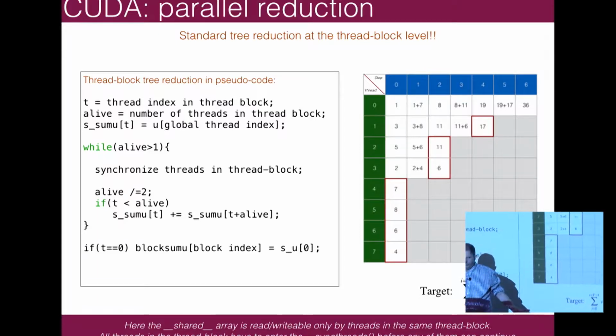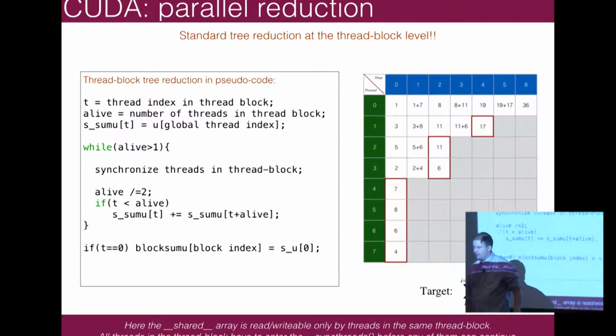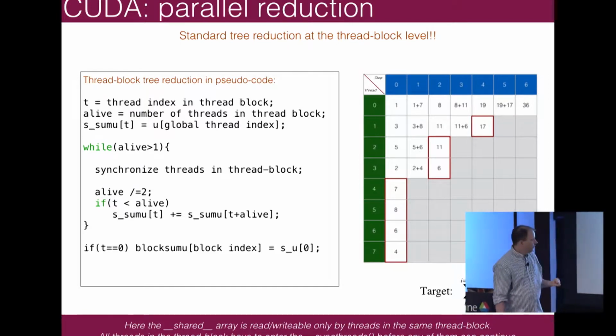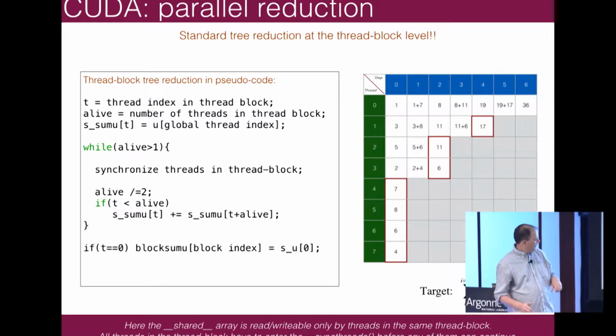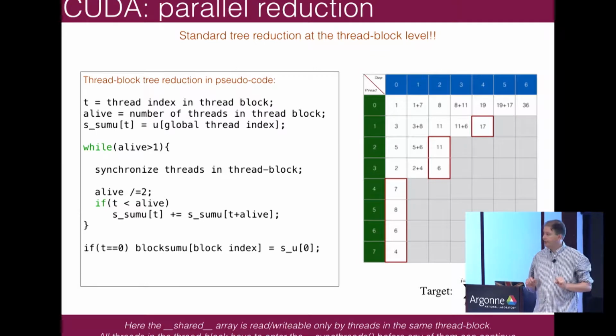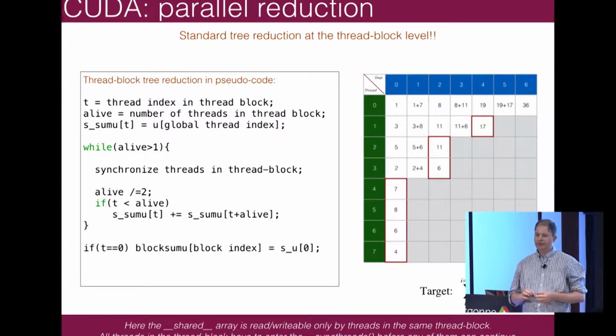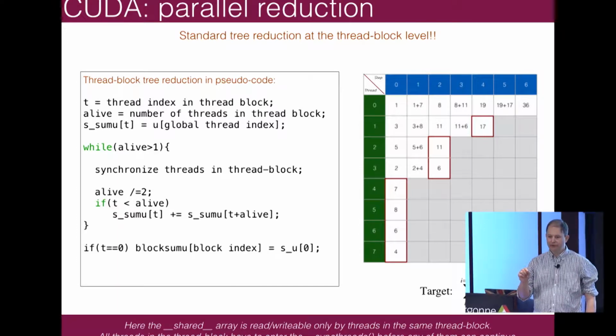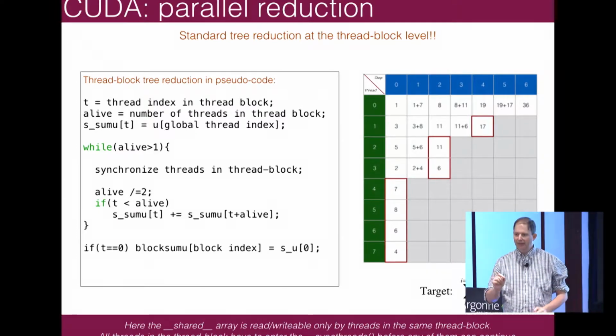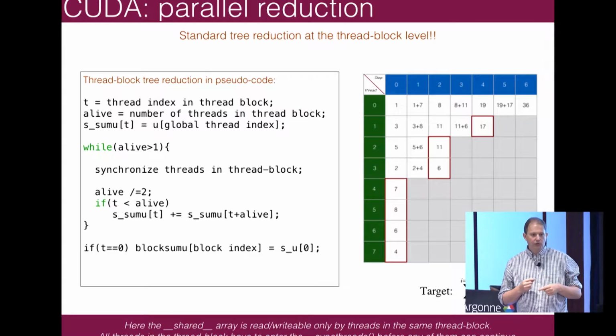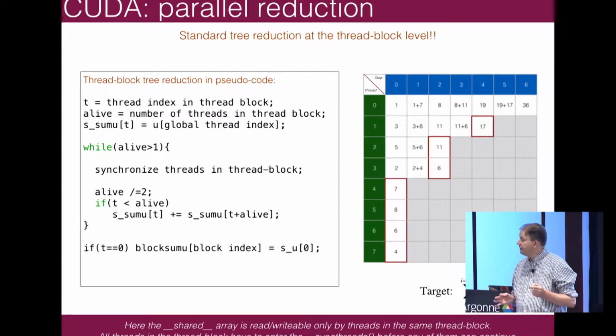Have you seen binary trees before? Okay. So the trick here is we're going to have to coordinate between the threads in the thread block. So each thread block is going to load up a certain number of values from memory, and then they have to be able to coordinate the sum of those values. And one way we can coordinate that is to put those values into shared memory.